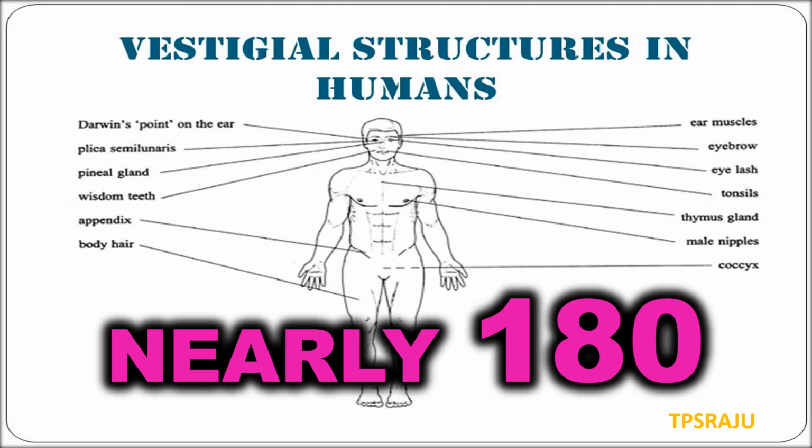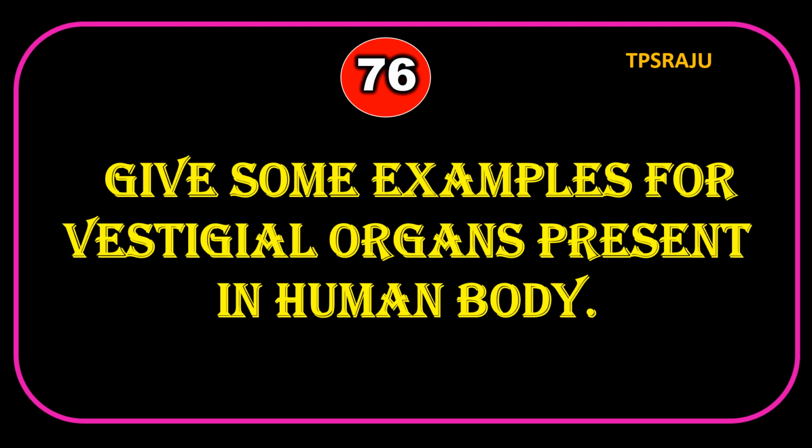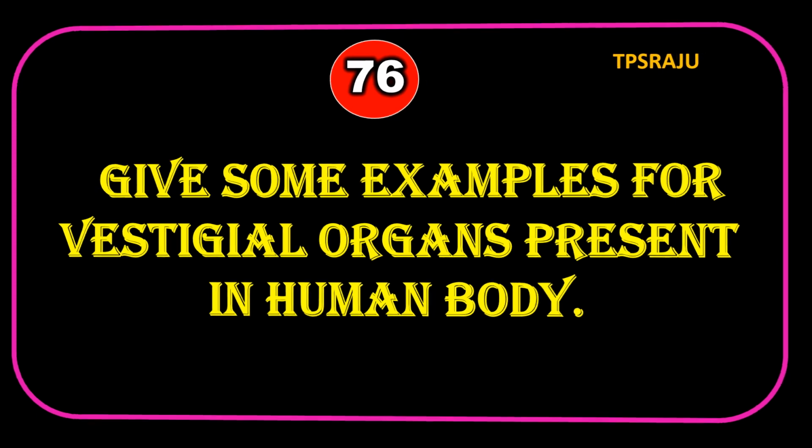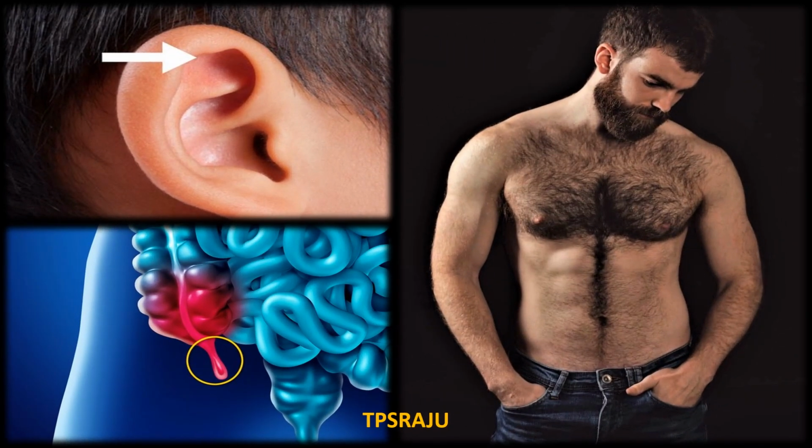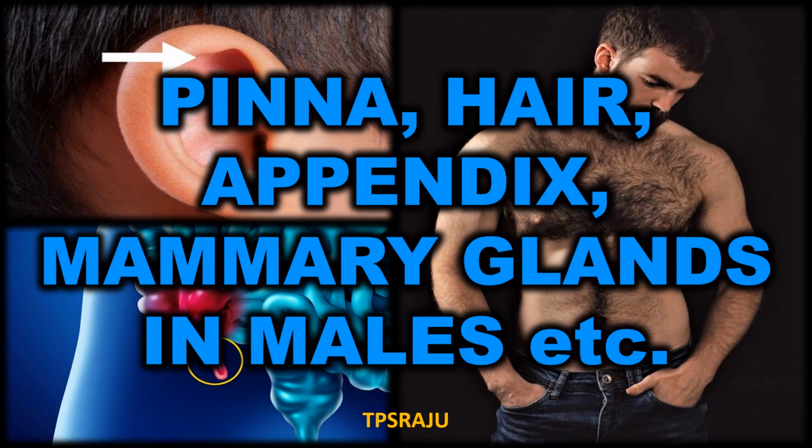Nearly 180. Give some examples for vestigial organs present in human body. Pinna, hair, appendix, mammary glands in males, etc.